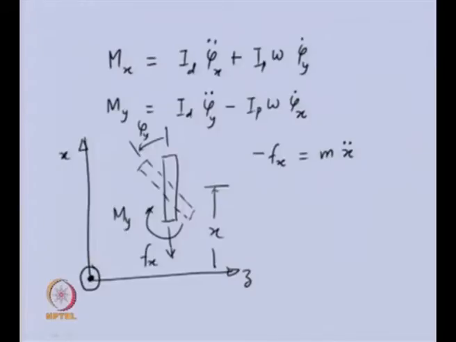Then regarding moment, we have, let us say, y z. I am writing this as the zx plane moment, which is this one, zx moment. This is the external moment.